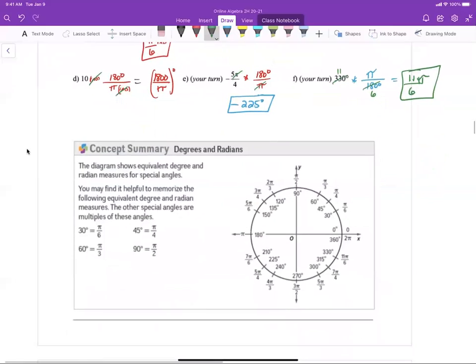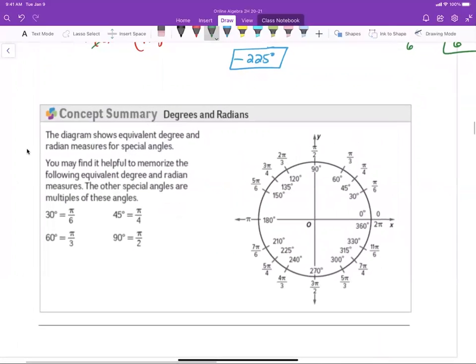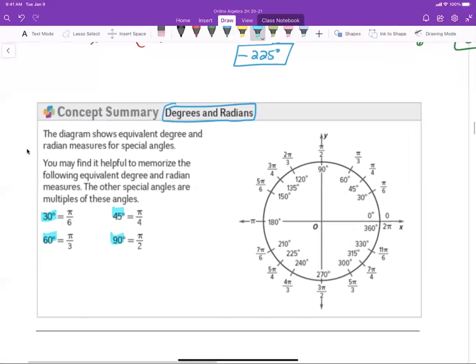One last thing, and then we're done for today. This is considered a unit circle. It shows the degrees and radians relationship for some of our special angles that we have talked about in the past, 30, 60, 45, and 90. This is going to become very important in your pre-cal classes. In fact, eventually you have to memorize the unit circle.